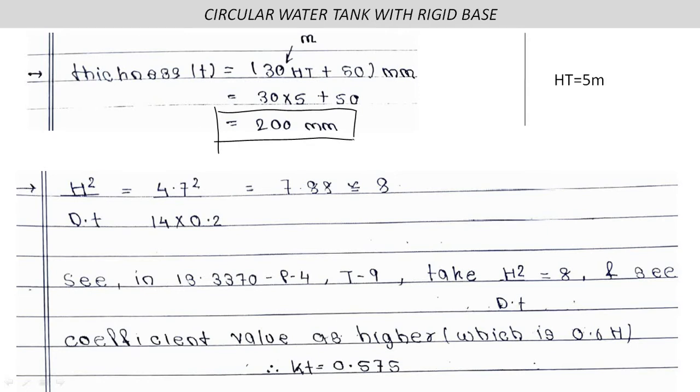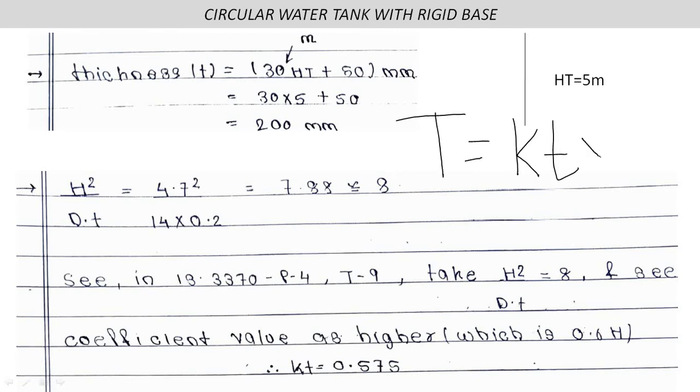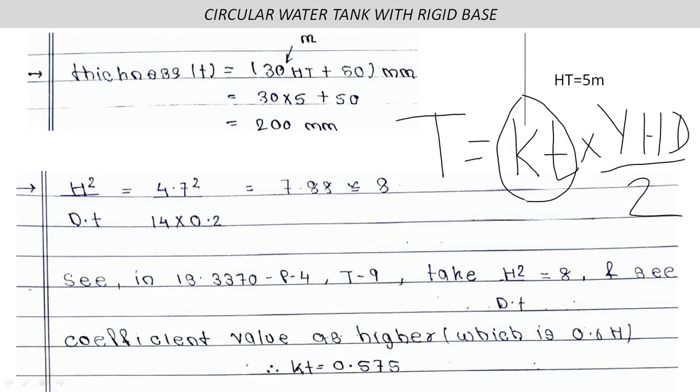So next what we have to do, we have to find the capital T, which means tension, which is KT, coefficient into gamma H D by 2. So to calculate capital T, we have to first find the value for coefficient, which is KT.